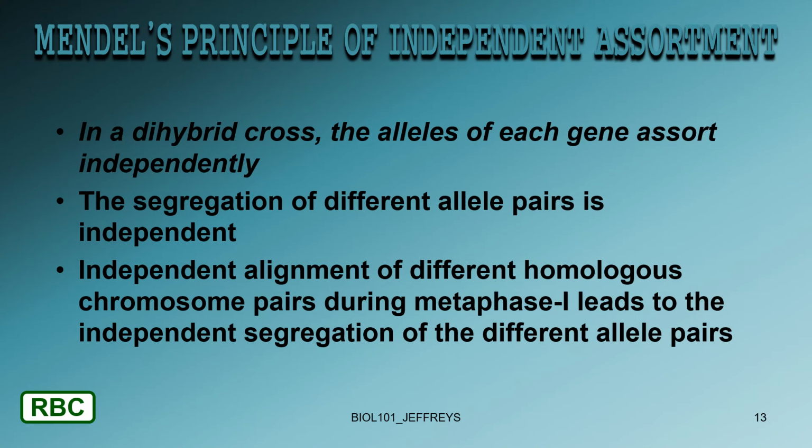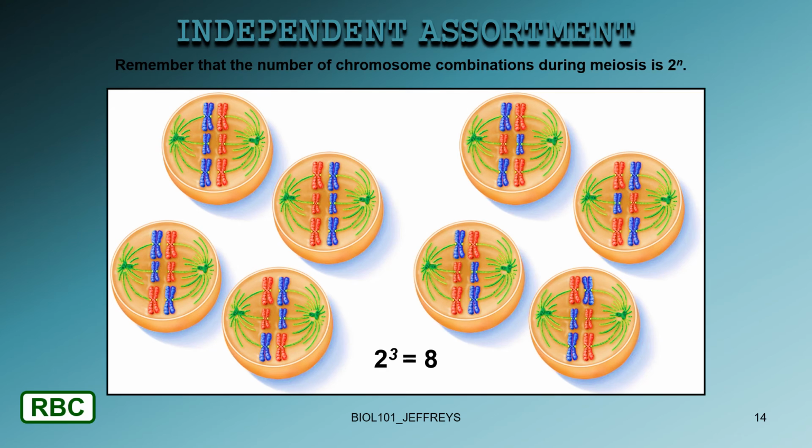Okay, so we have the law of segregation and the law of independent assortment, and this is just reminding you, I showed you this before in chapter 11, I think, when we talked about the law of independent assortment, and that's why you end up with this 2 to the n number of chromosome combinations.